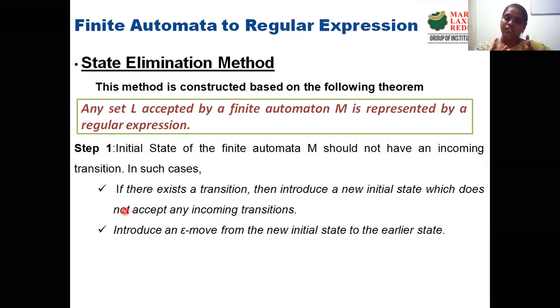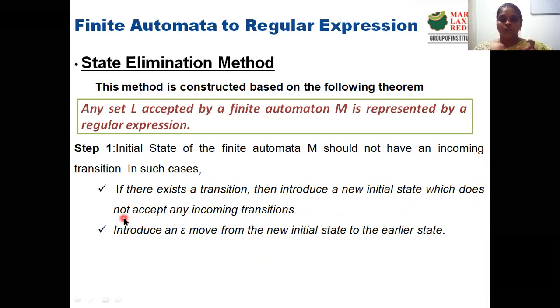If you have an incoming transition, in such a case, introduce a new initial state, and care has to be taken that it does not accept any incoming transitions.